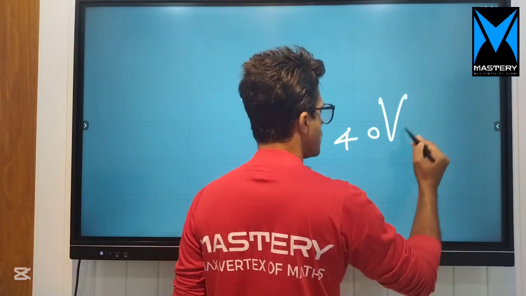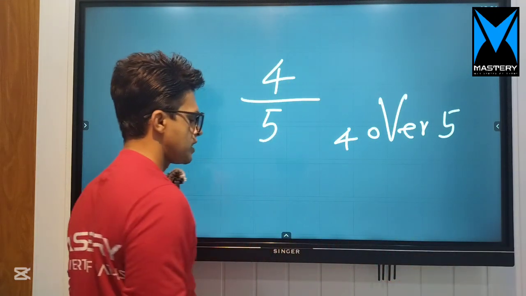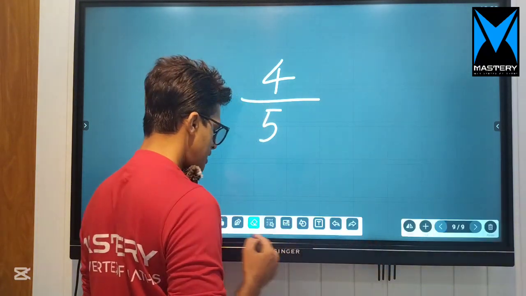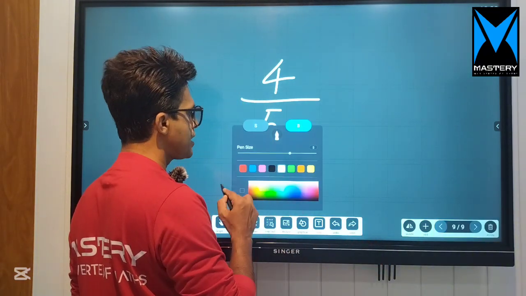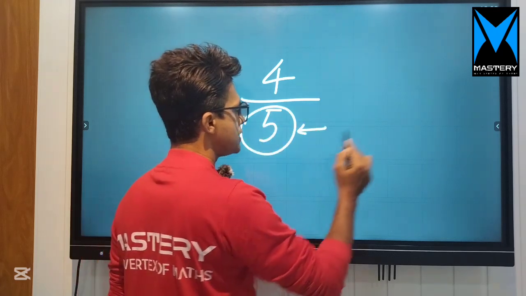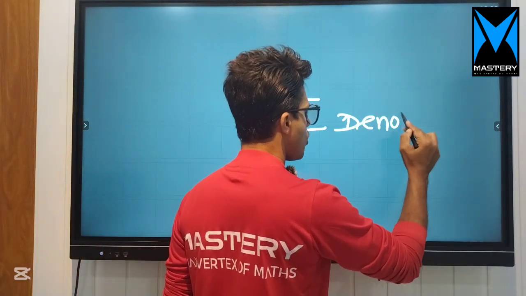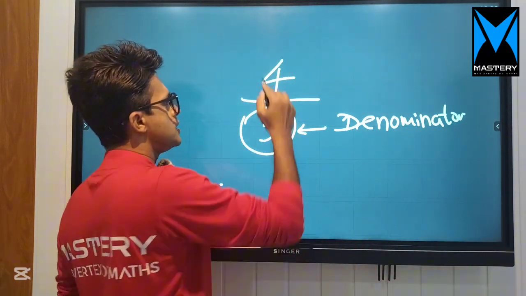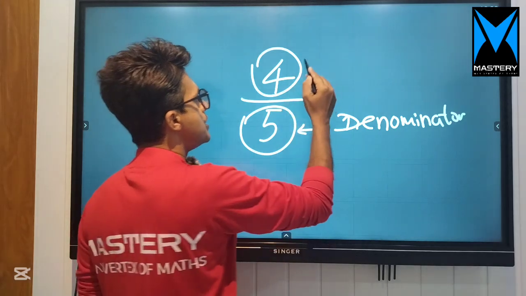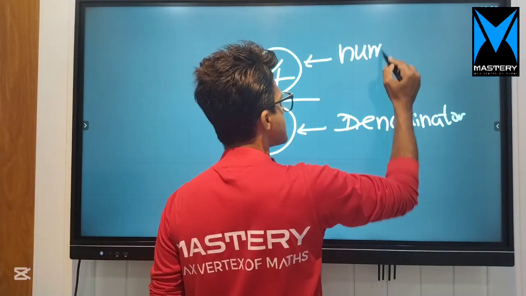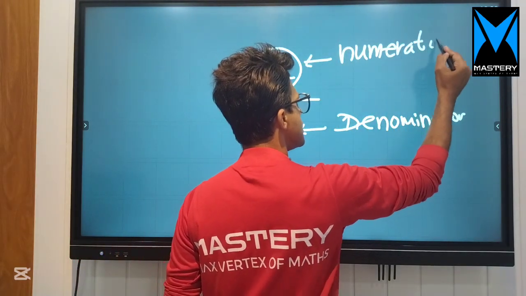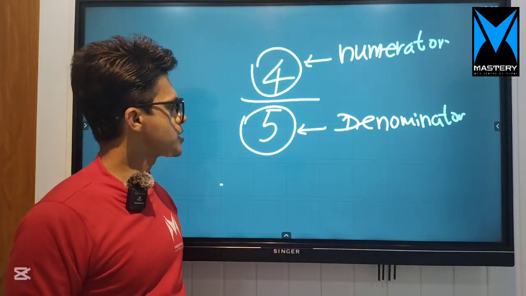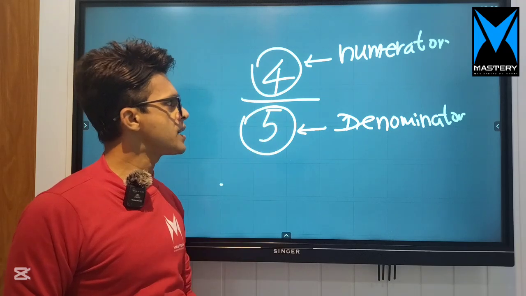Now, this digit we identify as the denominator, and this digit we identify as the numerator. So here the denominator is 5 and the numerator is 4.